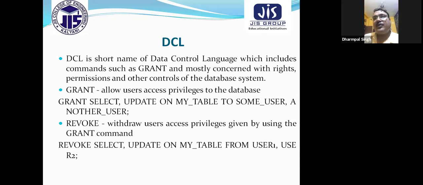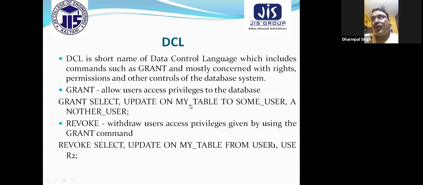Suppose I want to give control, like I am the manager and I know that when I am on leave, my portion will be accessed by some other person. So I can give the grant that yes, this person can access my part. Here grant allows user access privilege to the database. Grant select means what operation he can perform: he can select the value, meaning retrieve the data from the table.